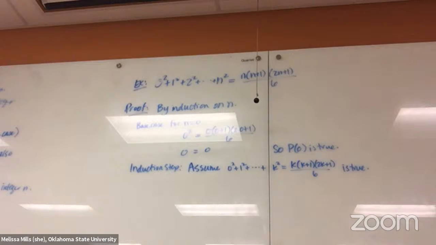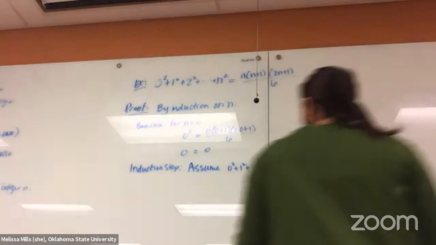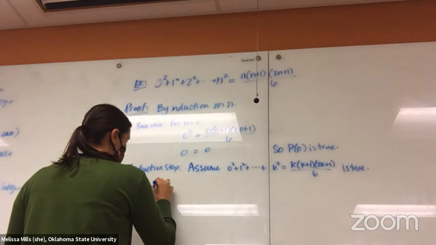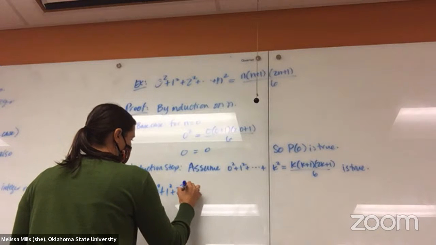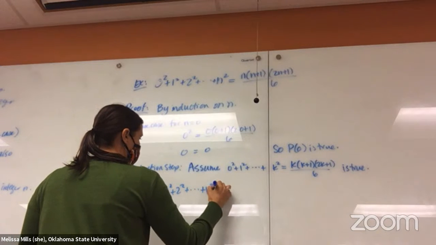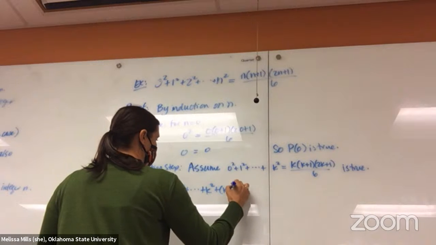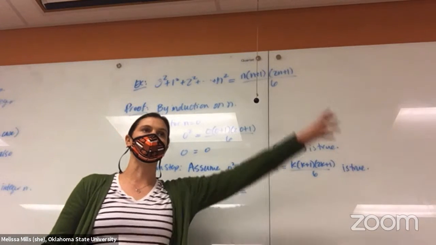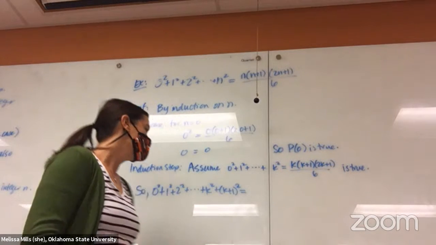So how do I prove that this is true? Well, I'm going to start here, and then I'm going to use my facts to replace part of it, and then I'm going to do some algebra. So we'll say 0 squared plus 1 squared plus 2 squared plus up through k squared plus (k+1) squared equals, and I'm just going to have a long string of equalities as I do all this algebra. Well, what can I do?